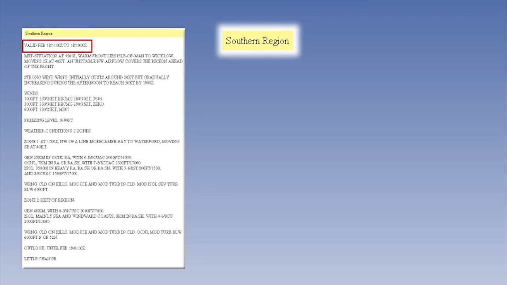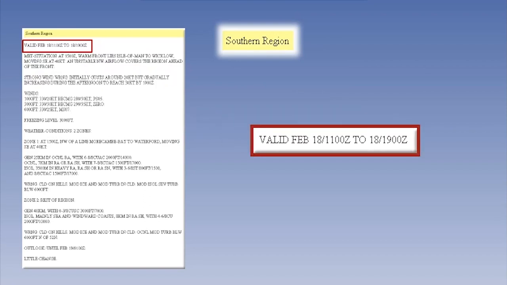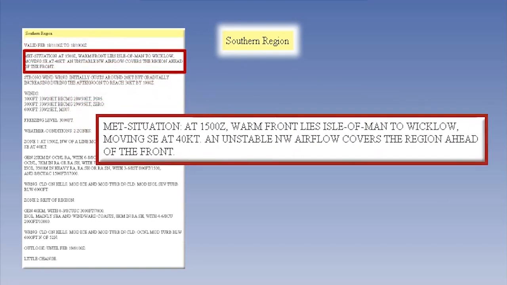The first line of our AIRMET is a description of when the forecast is valid. In our example, the product is valid from 1100 to 1900 UTC on the 18th of the month. The next section of text is a short description of the meteorological situation which will affect the area of the forecast.